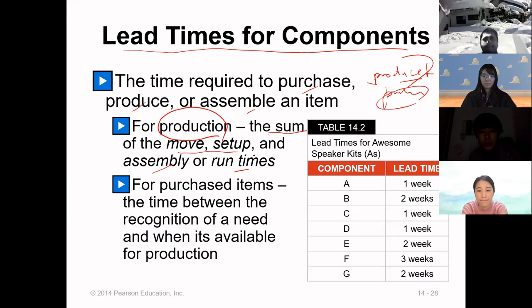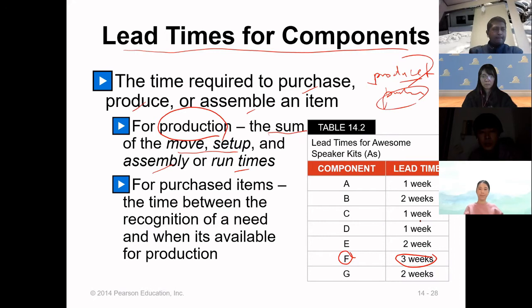So if you place an order, you must know that, for example, let's say F is production. You need 3 weeks before you can actually have the parts. You cannot just say, okay, I want it now. It's impossible, okay?